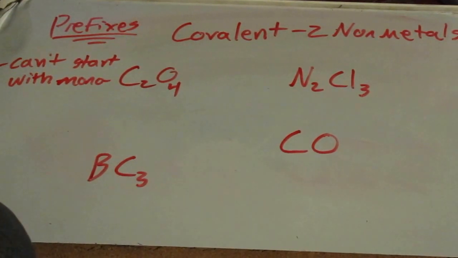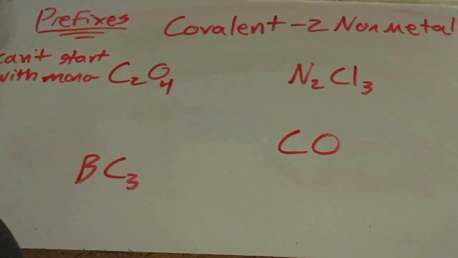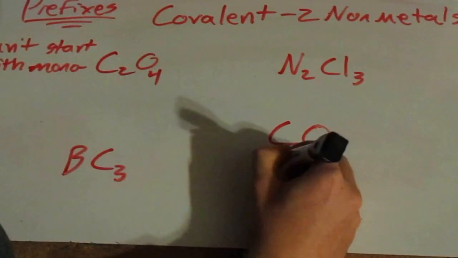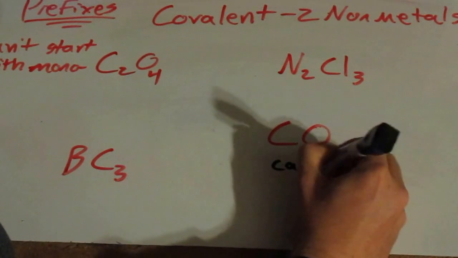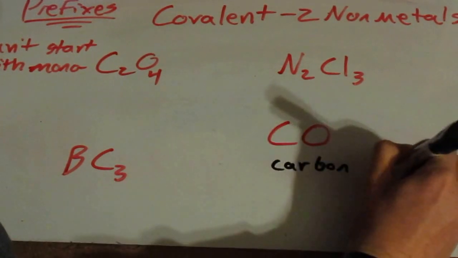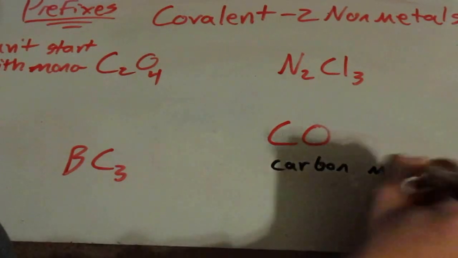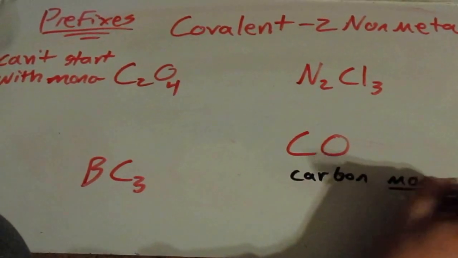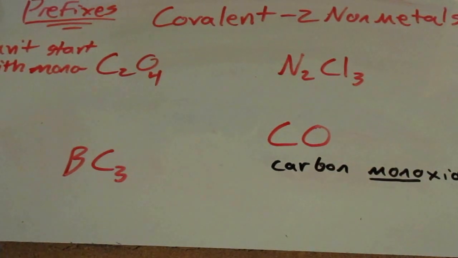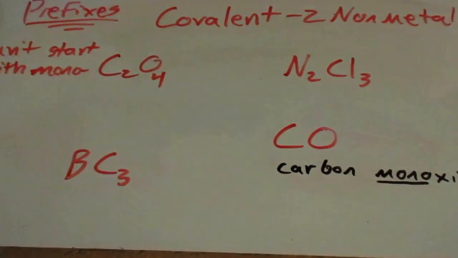The world's most famous example of this, which is something you've heard of, is carbon monoxide, which is this one right here. The mono is right there, and I apologize, I'm going to zoom out just a bit so we can see.